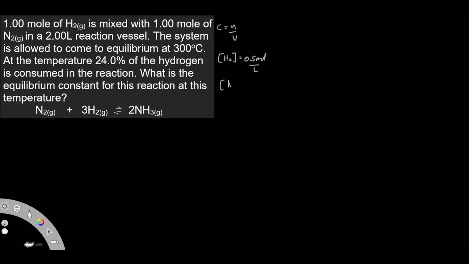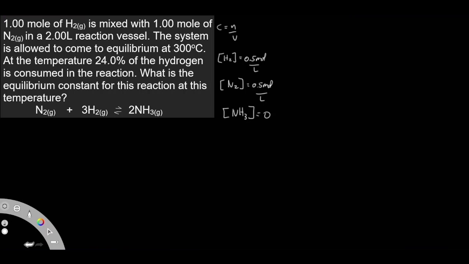We'll do the same thing for N2. It should be the same value, 1 over 2, so you have 0.5 moles per liter. What else do we have going on? Well, we don't know what the concentration of NH3 would be, so we're just going to leave that as 0 because that hasn't been produced yet.